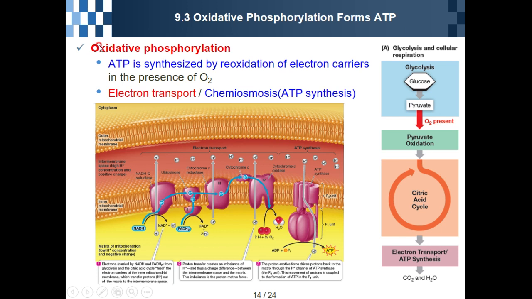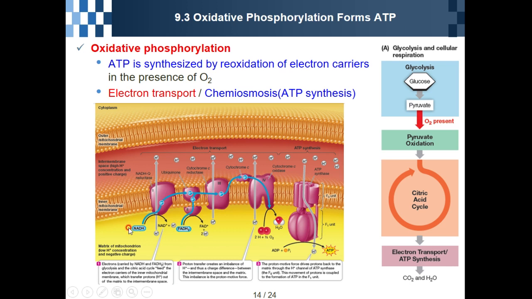Oxidative phosphorylation means that in Korean, we call it as the 산화적 인산화. So during the oxidative phosphorylation, additional ATP is synthesized.